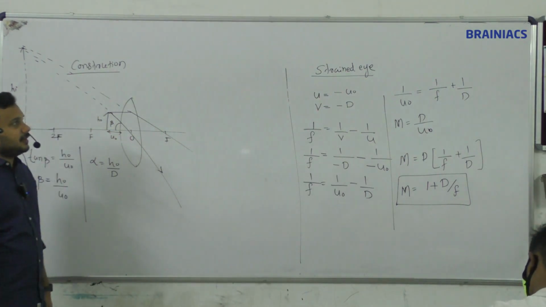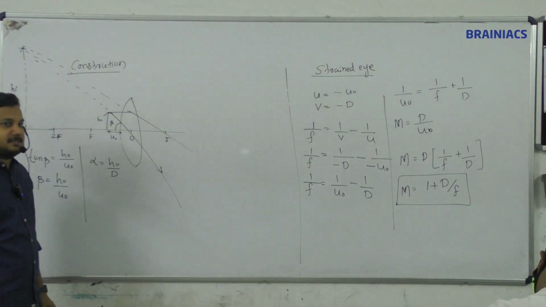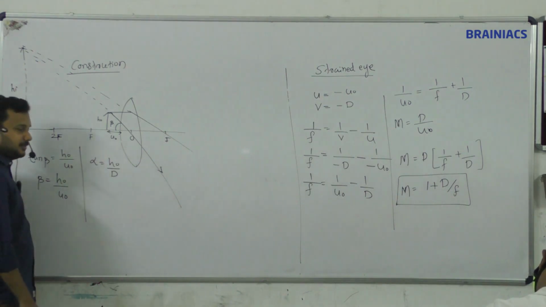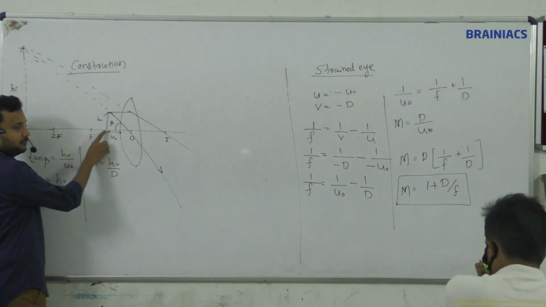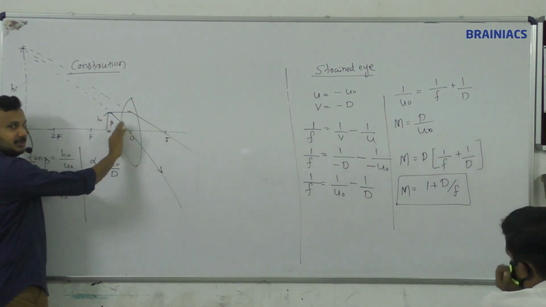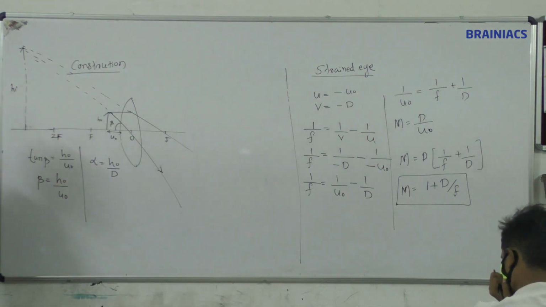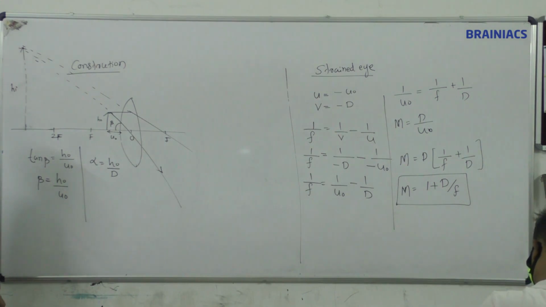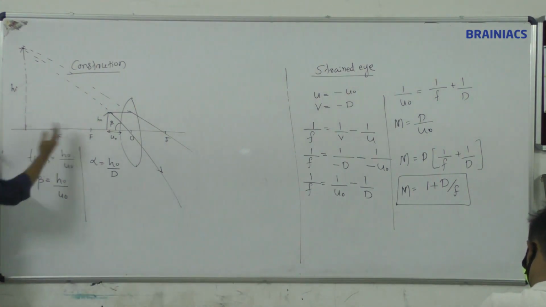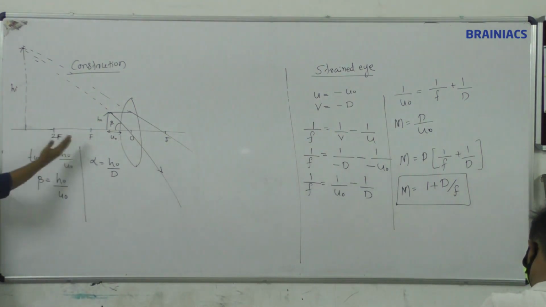Next, this is the condition for strained eye, or maximum magnification. Maximum magnification means that if the object is moving closer to the lens, the image will become bigger and bigger. When do I get the minimum magnification? When the object is moving left, far away.